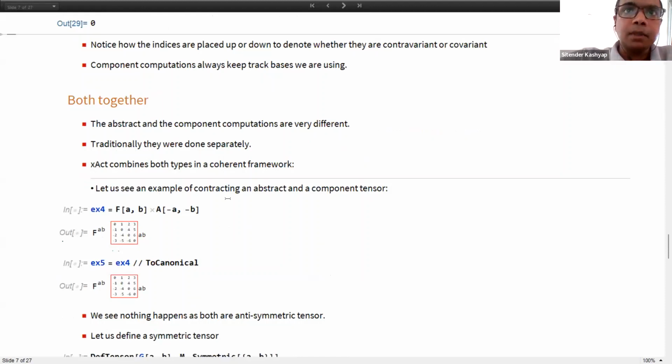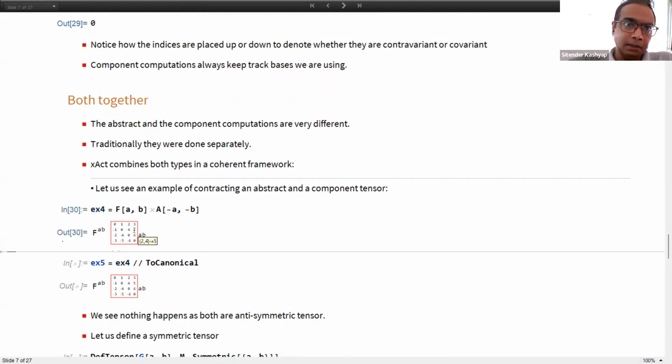To see this, let's take an example. So let's define FAB that we had defined earlier in xTensor, and A minus B in xCoba. So if we do that, it doesn't do anything essentially.